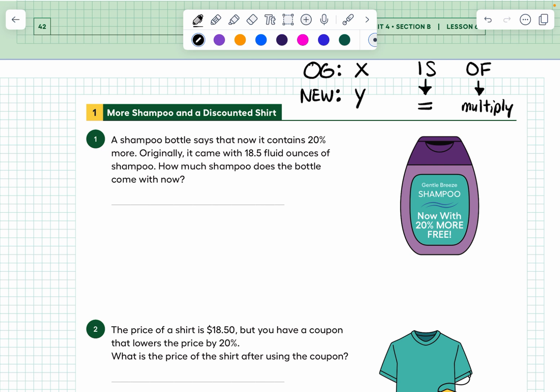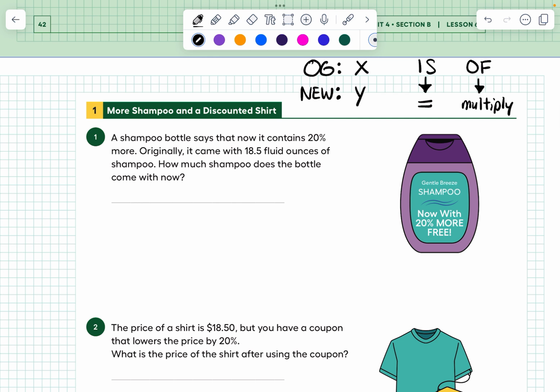So on number 1, it says a shampoo bottle says that now it contains 20% more. Originally, it came with 18.5 fluid ounces of shampoo. How much shampoo does the bottle come with now? Okay, so what we want to do is annotate important information. 20% more means that it would be adding.